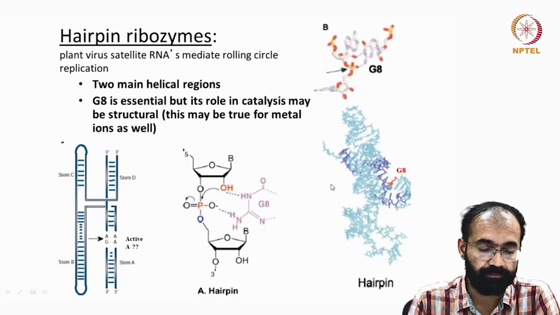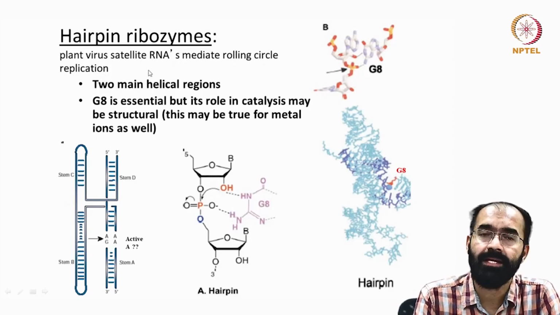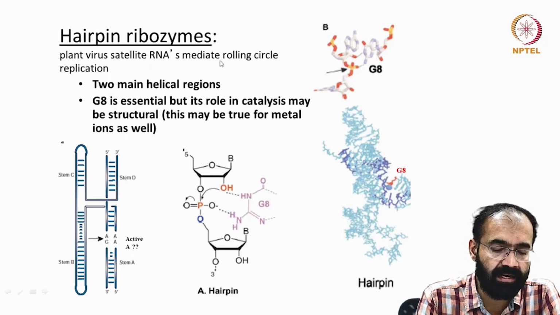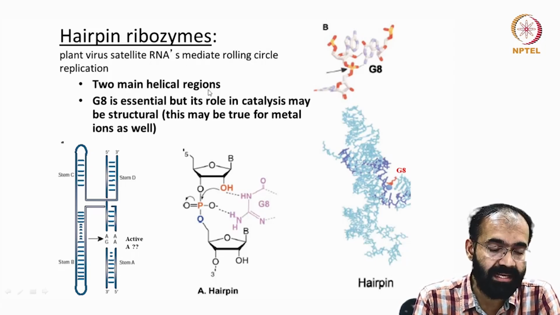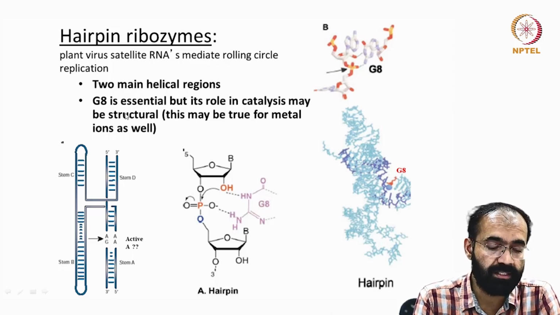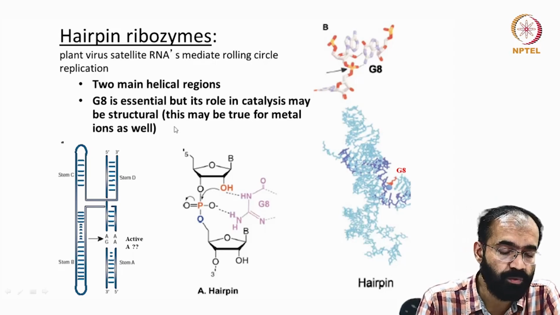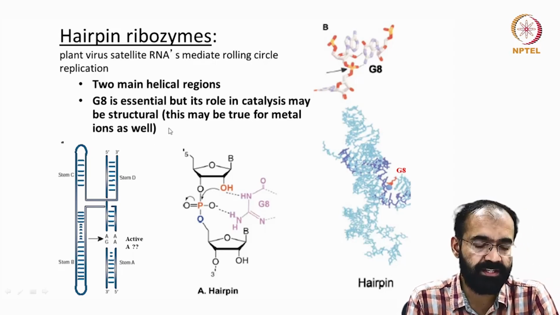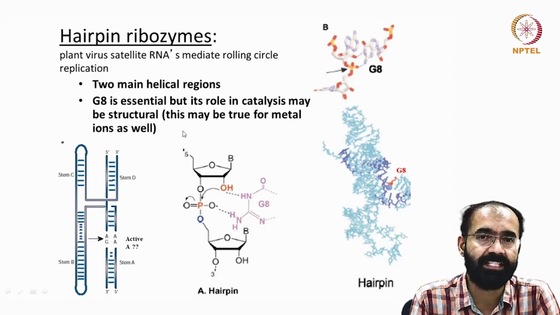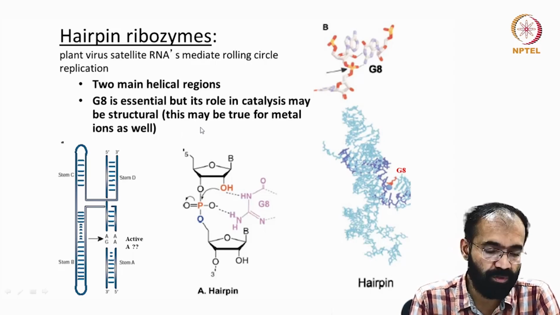If you look further into the hairpin ribozyme, many plant virus and satellite RNAs mediate rolling circle replication. It has two main helical regions, and one of them is called G8. G8, guanosine 8, is essential, but its role in catalysis may be purely structural. This may be true for various metal ions, which we discussed many times, like magnesium and manganese; such divalent cations stabilize the ribozyme structure.